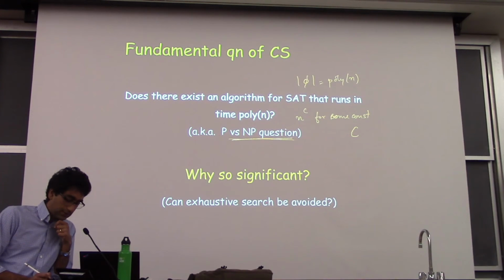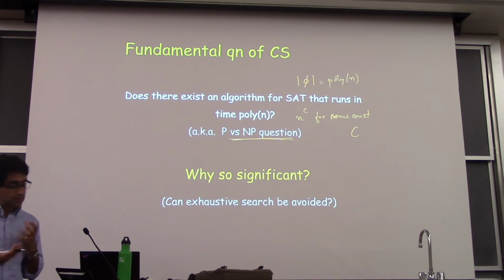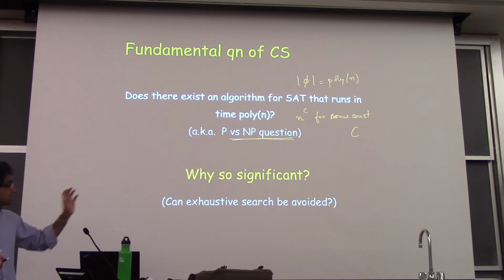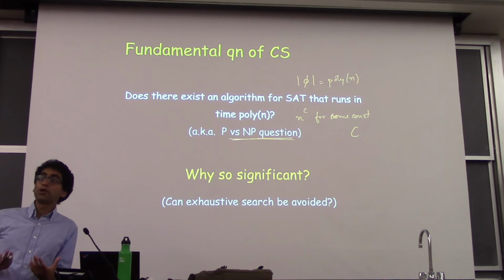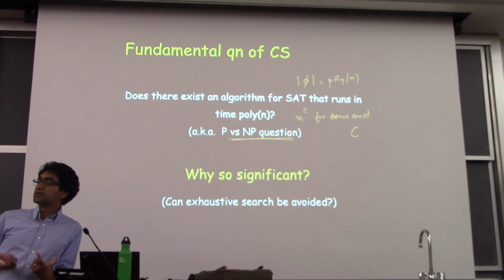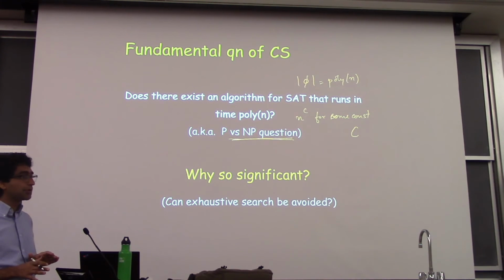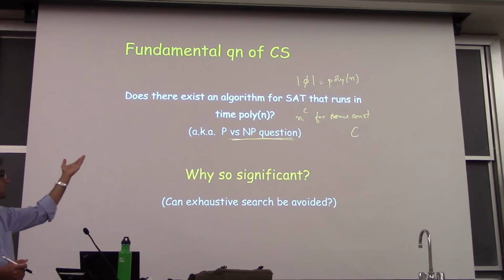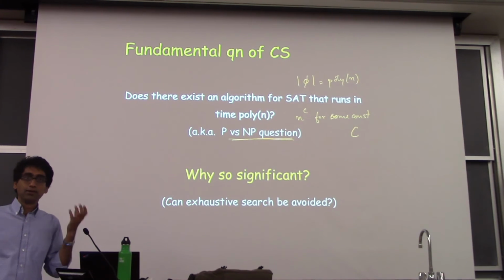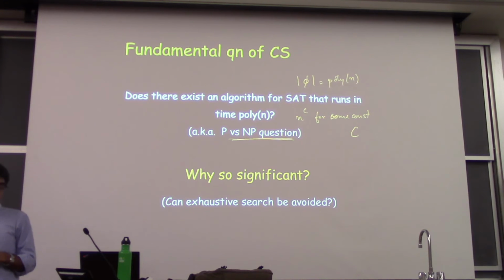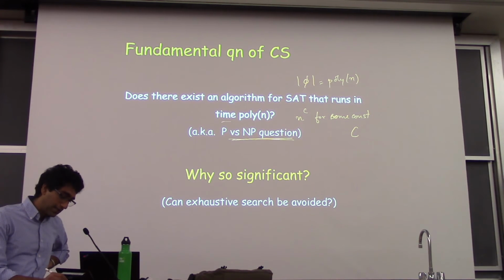This is one of the most fundamental questions, and we'll see in a bit why it is so significant. What is so significant about this satisfiability problem? We'll see that in a bit. But any questions about the problem? You have a formula in some n variables, and you want to figure out if you can find an assignment that makes the formula evaluate to true, and we want to do this in time poly n.